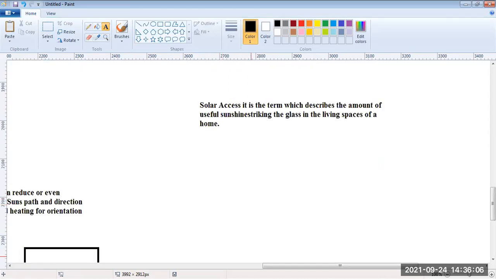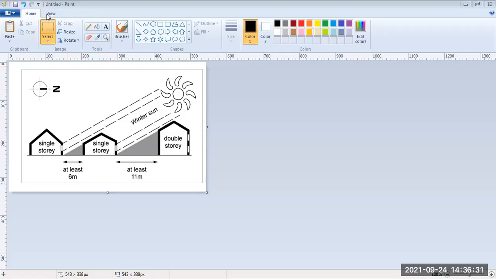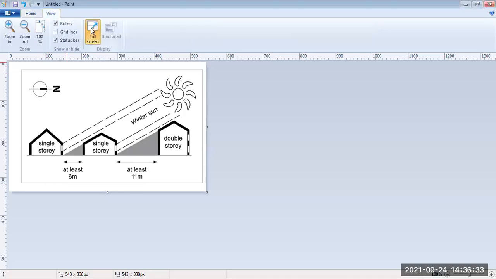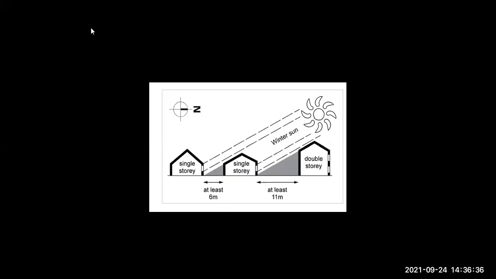So if you have two houses located close by, let me show you how it should be. This is again from the southern hemisphere.